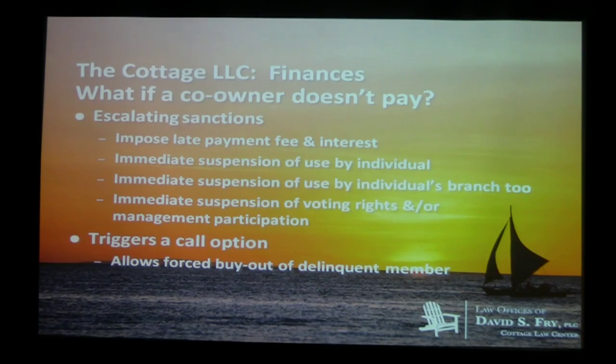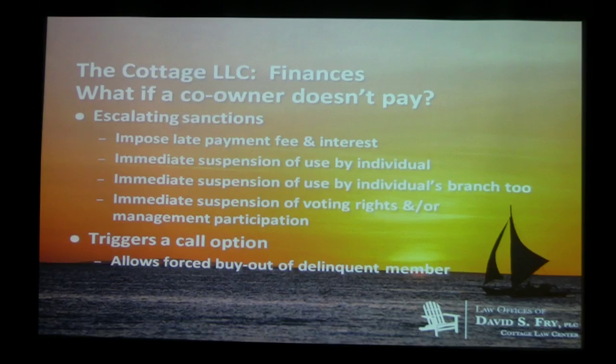We can go on and extend that to suspending the use of the individual's entire branch. And if we looked at Andy's branch, Andy had 3 kids at the next generation, and at the point in time when they become owners, if one of those 3 children doesn't pay, the other 2 of Andy's children can't use the place either.